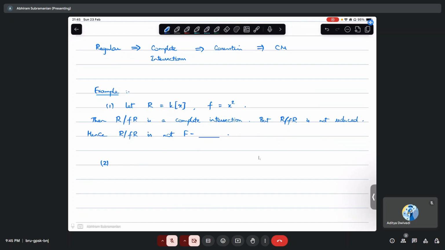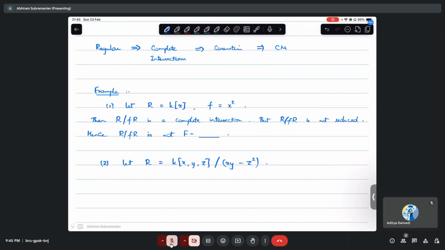There should be an easy example here. Why am I struggling with this? Right. So R = k[x,y,z] modulo (xy − z²). What is the Veronese map here?